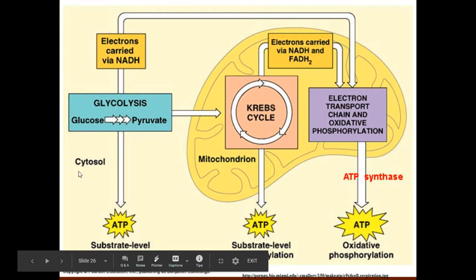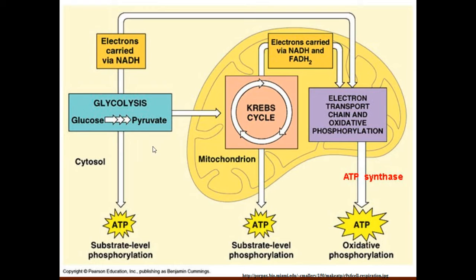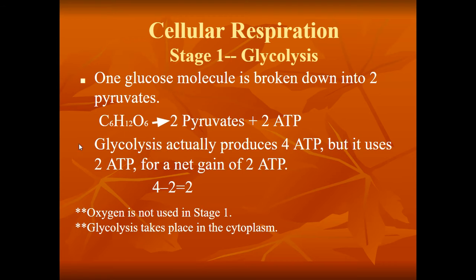As it says here, it takes place outside the cell right here before we get to our power plant of the cell, which is the mitochondria. So glycolysis takes place out there, and that's stage 1. Remember, we're counting ATPs in this, so 2 ATP are made in glycolysis. We get 2 pyruvates out of it because we started with sugar.